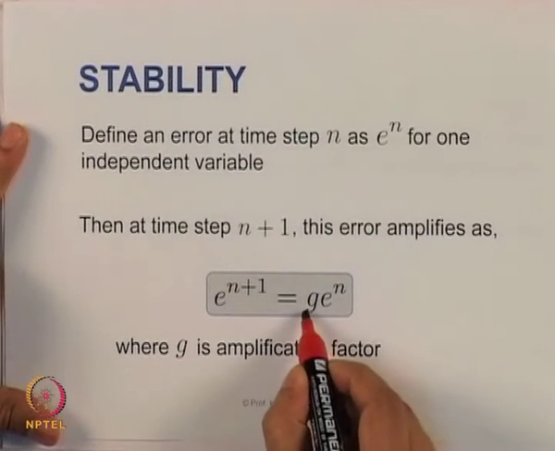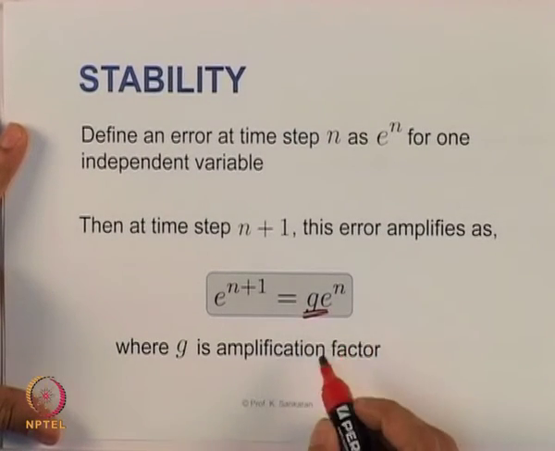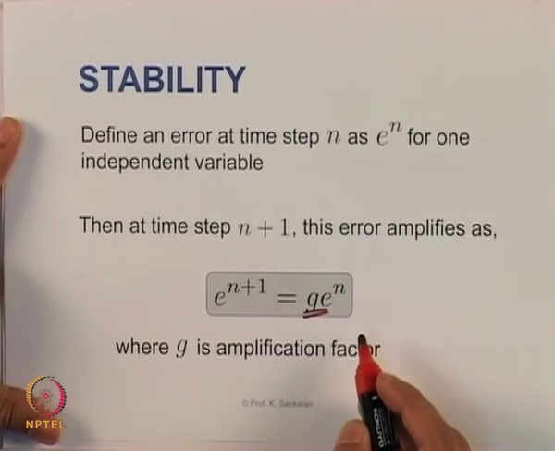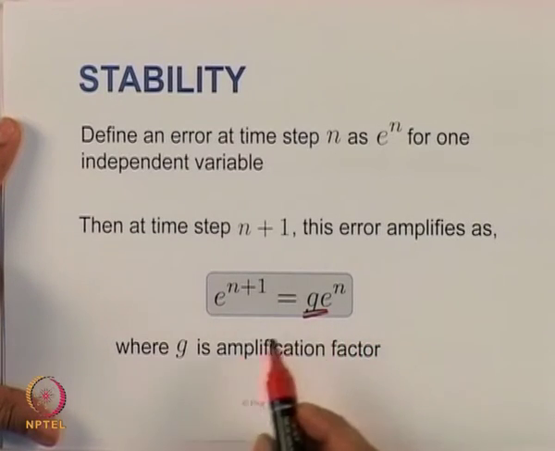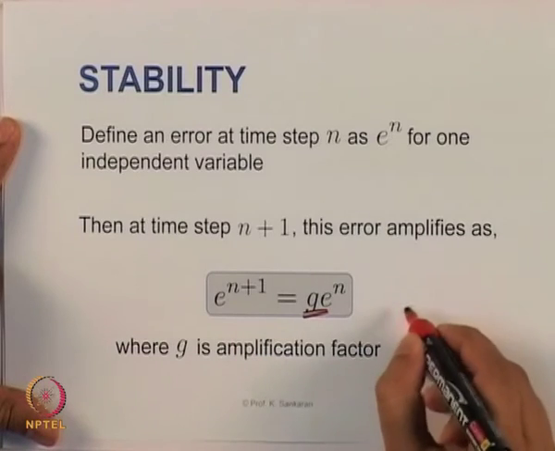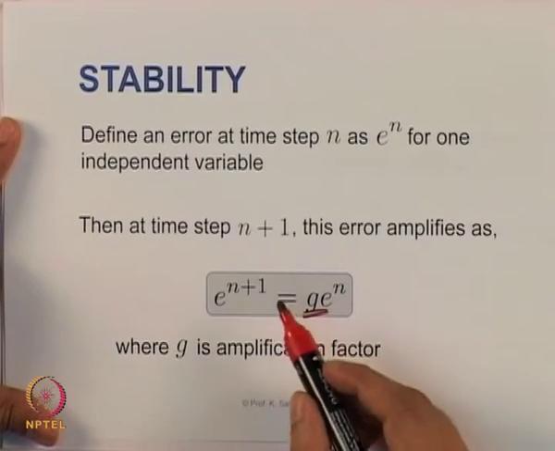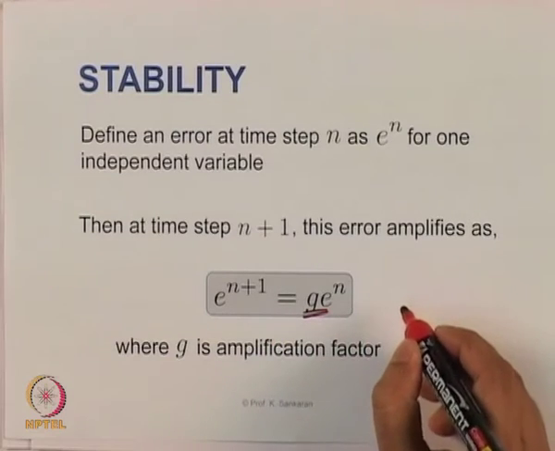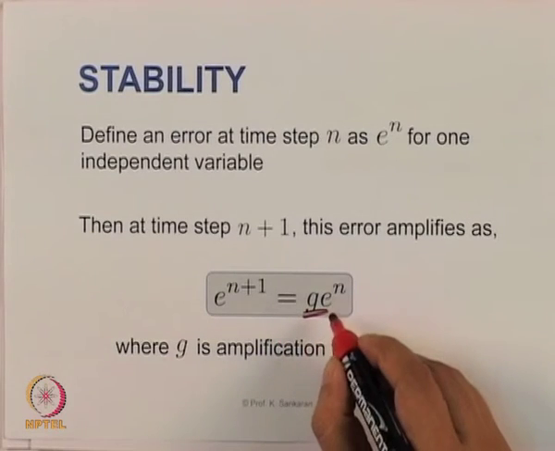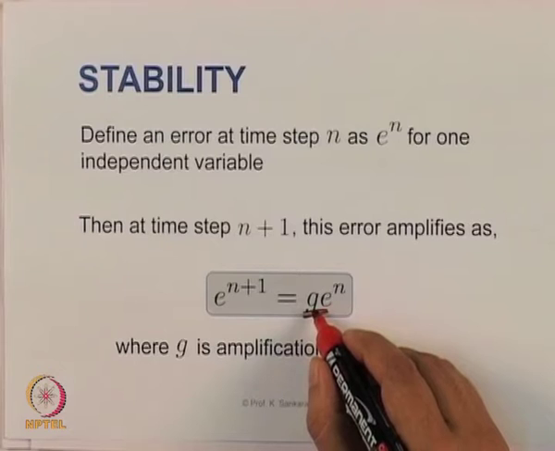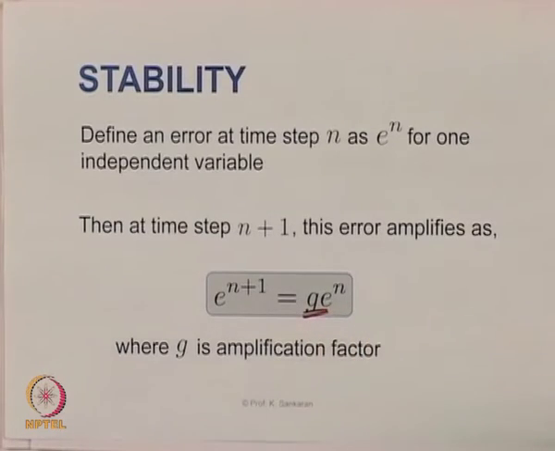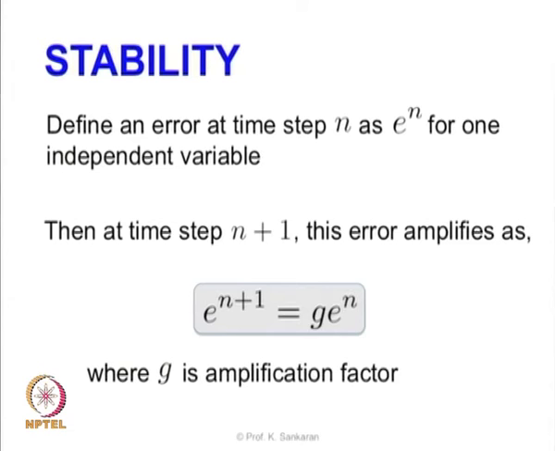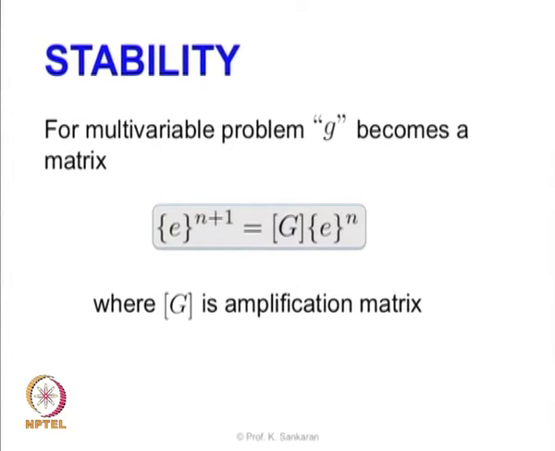In this case, we write g as a single number, but you can quickly realize that when we go from a scalar equation to a vector equation, what you will essentially have is an E vector, and similarly G will be a matrix. So when you have a multivariable problem where your independent variable is more than one variable, let's say we have x, y and z, G becomes a matrix here.